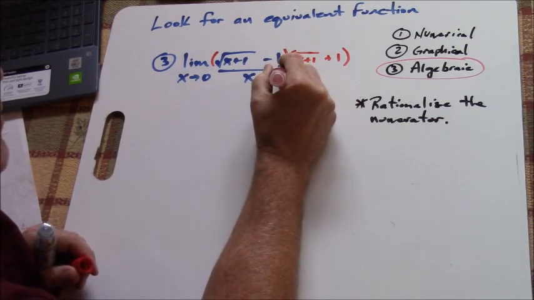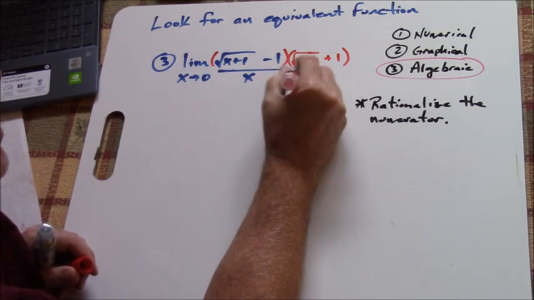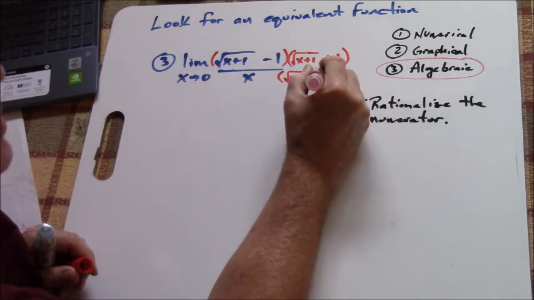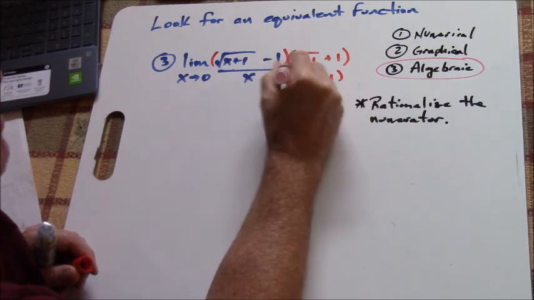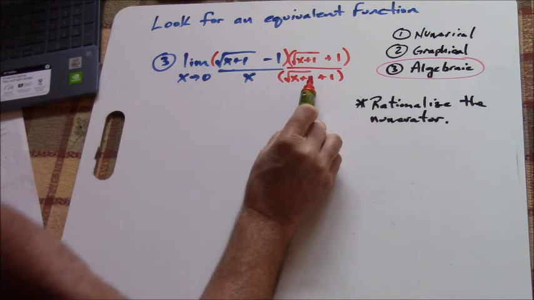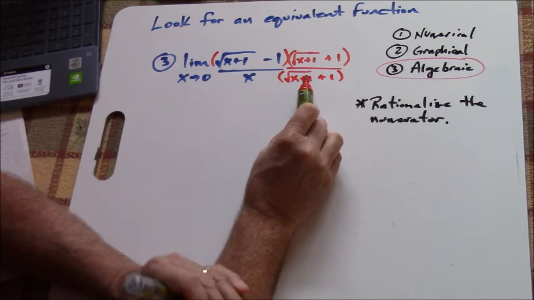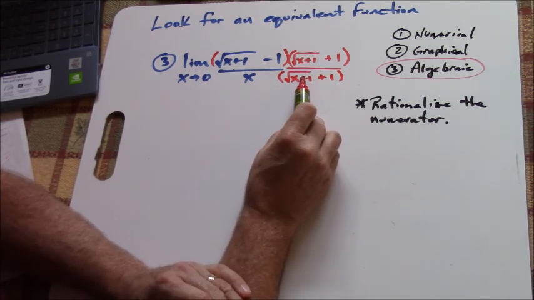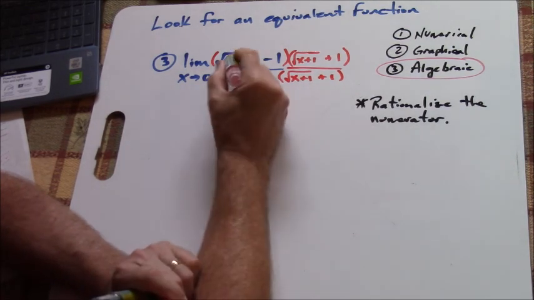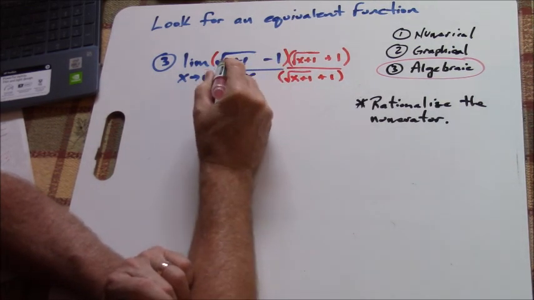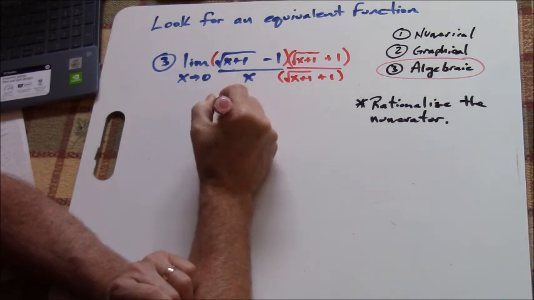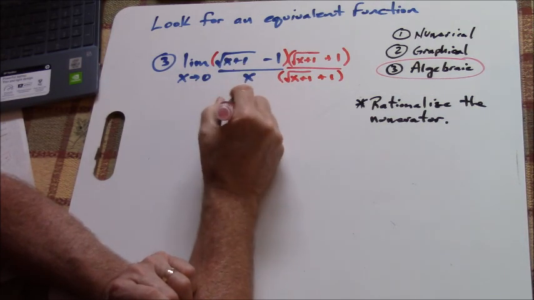And we know that whatever you do to the top of a fraction, you have to do the exact same thing to the bottom. Got to multiply by the same thing so that this fraction here in red is equal to 1. That's all we're doing is multiplying by 1. We're going to change the way it looks, but not its value. So if I FOIL the numerator, I'm going to get square root times itself. That's just x plus 1.